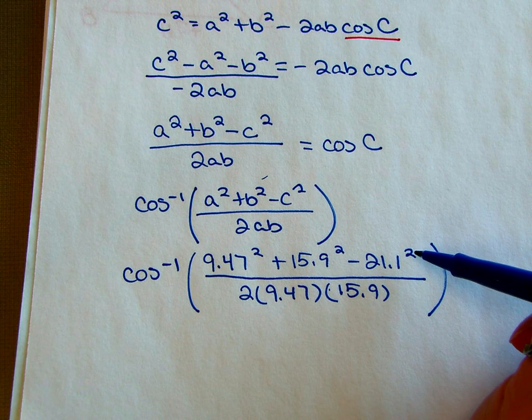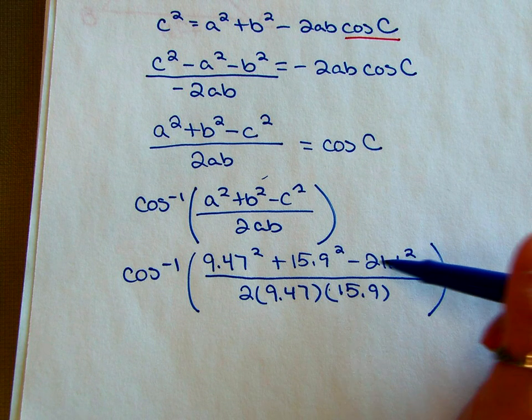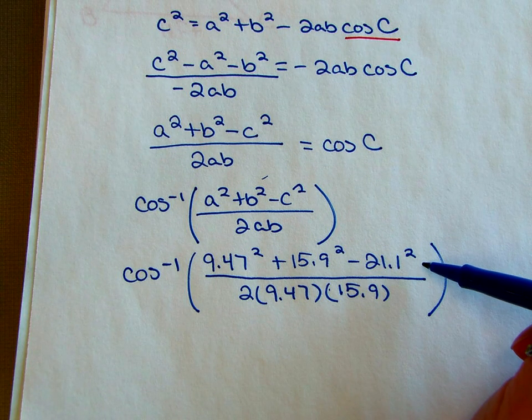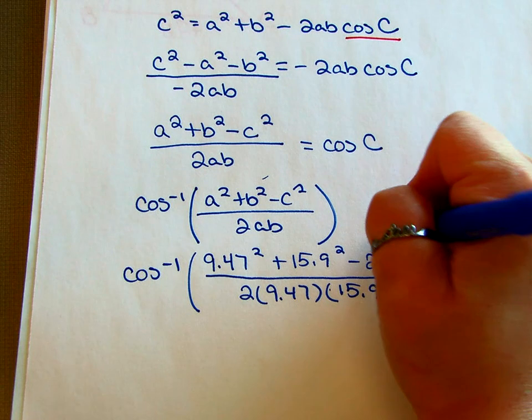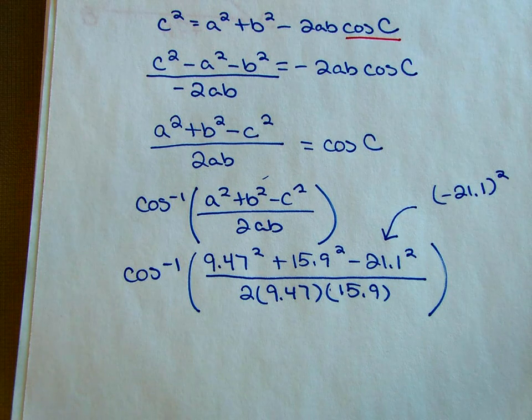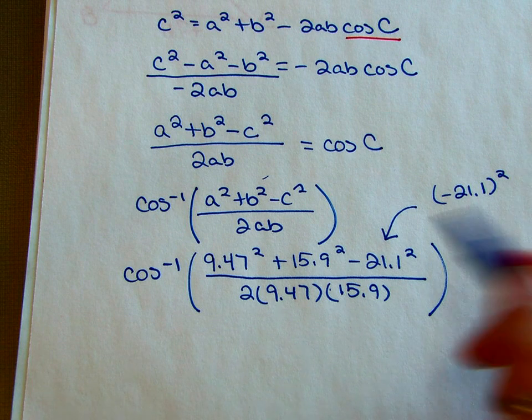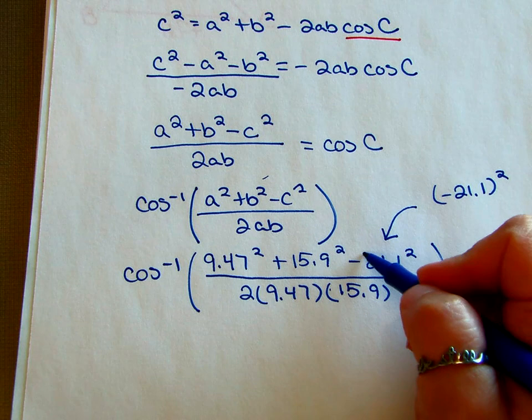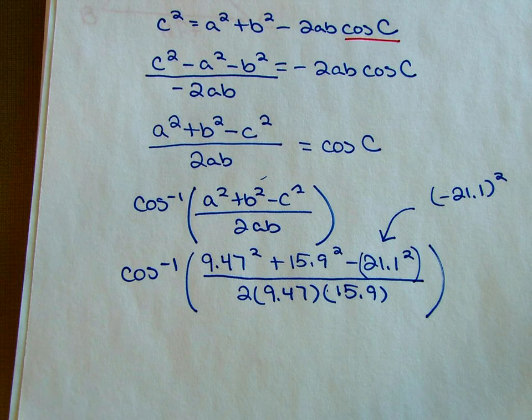If you type it in like this, it may give you a positive solution because it's going to think that what you mean here is this, when that's not actually what you mean. So you may want to put a little set of parentheses around that. That's one of the reasons why I do so much of my math on the paper and don't rely as much on the calculator, because some calculators do calculate that differently.